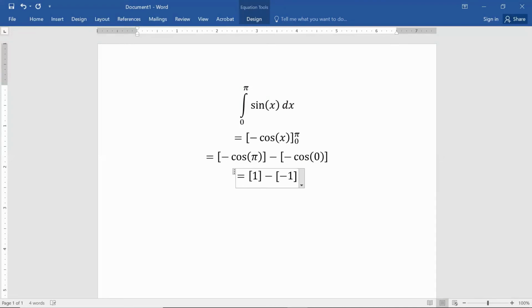Again, negative cosine of 0. Cosine of 0 is 1, so negative cosine of 0 is negative 1. That means the area under the curve of sine from 0 to pi is actually 2. That is the integer 2.